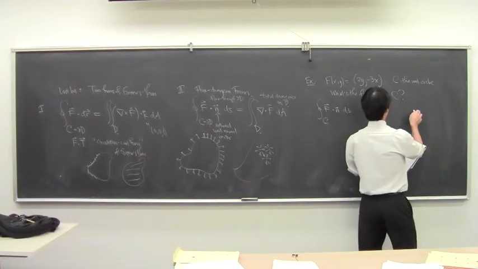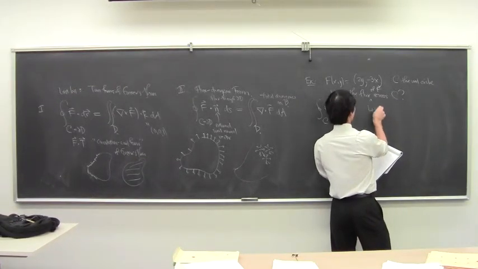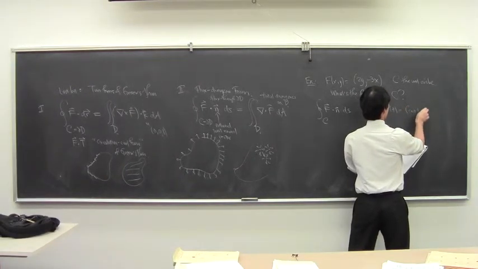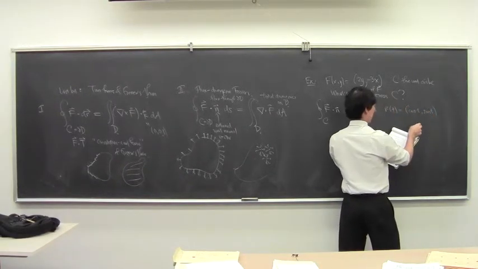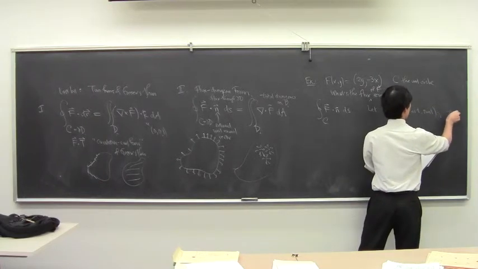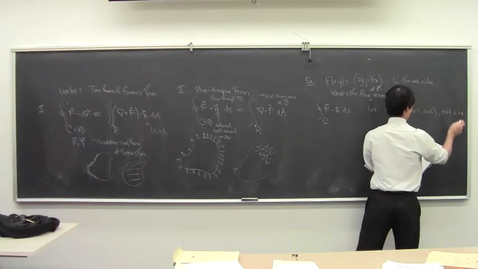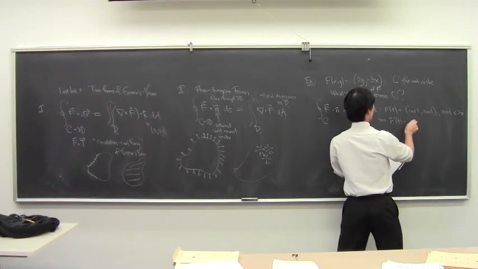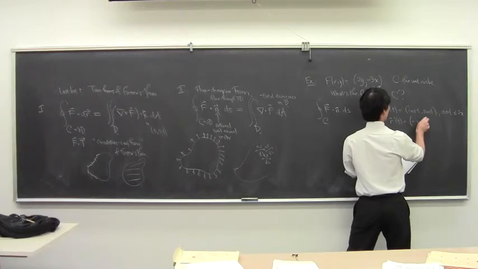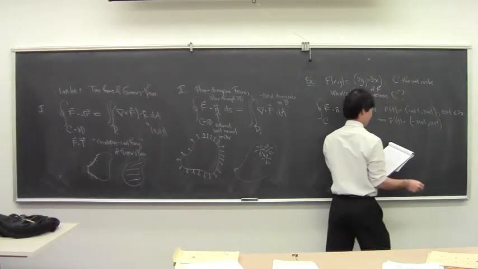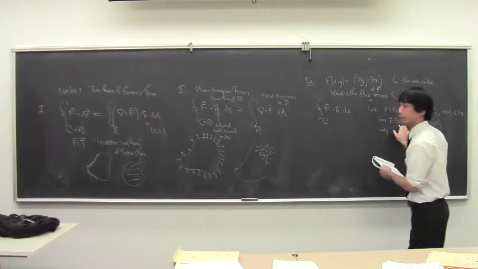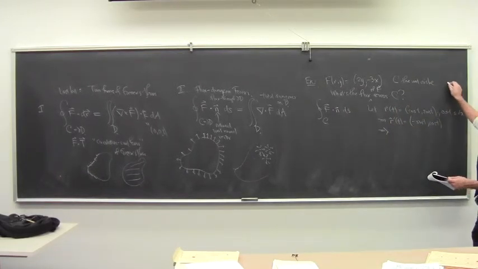You say, okay, let r of t be cosine t, sine t, as t goes from 0 to 2 pi. In that case, r prime of t is going to be negative sine t, cosine t. That's the tangent vector.